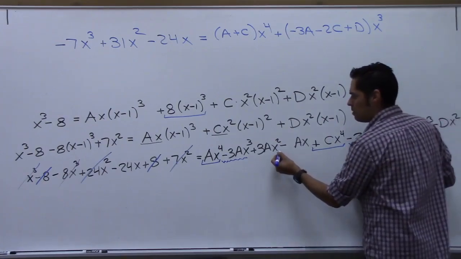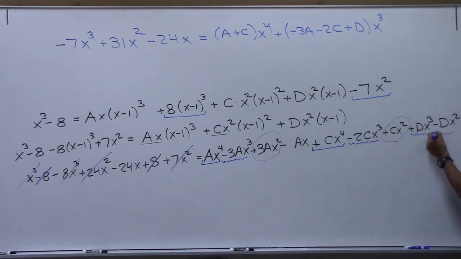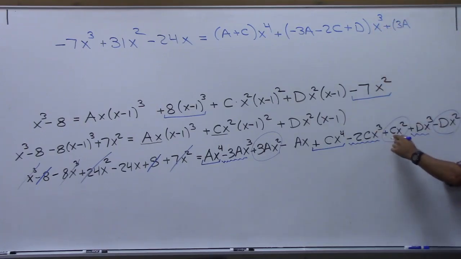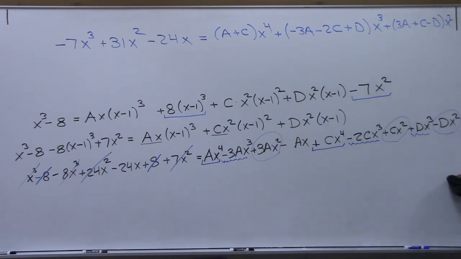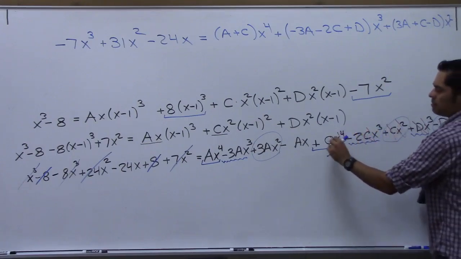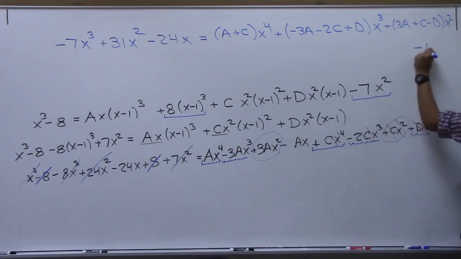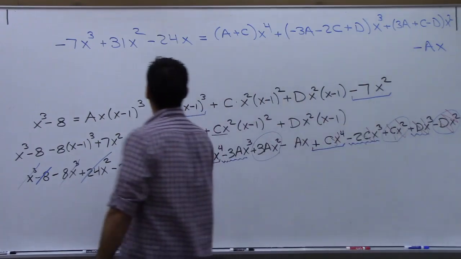I think I'll circle my x squareds: 3ax squared, cx squared, negative dx squared. So 3a plus c minus d, x squared. And anything else? It was just ax by itself, minus ax. Whew. My goodness.